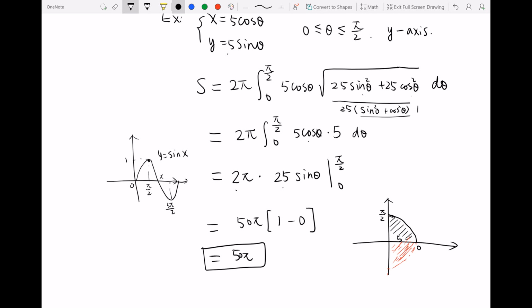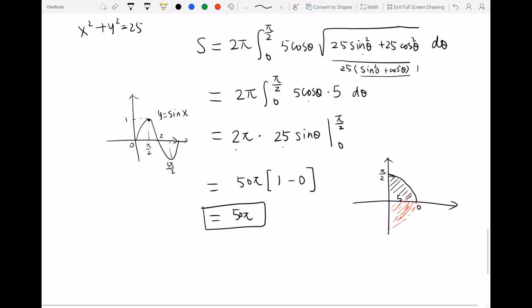Everyone knows that this circle is x squared plus y squared equals 25. We did this one several times. Okay, x squared plus y squared equals 25. And now this is a half of a sphere. The area of the sphere formula, S is what? 4 pi r squared.